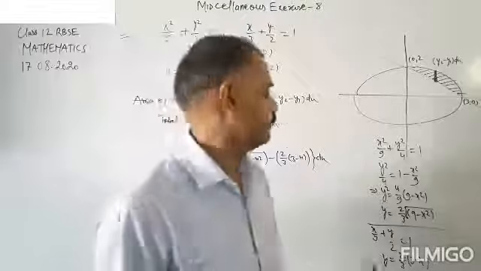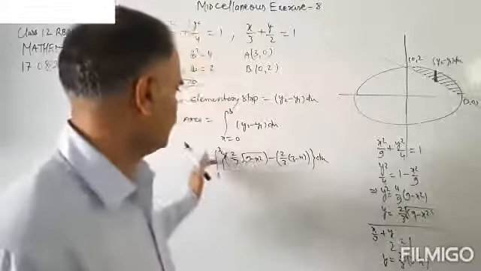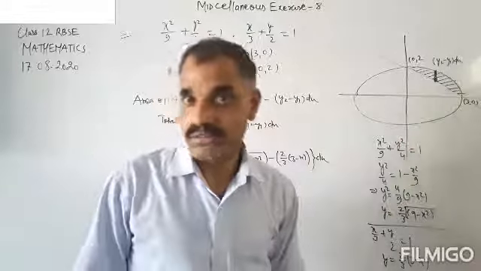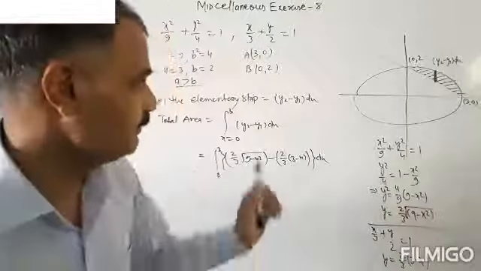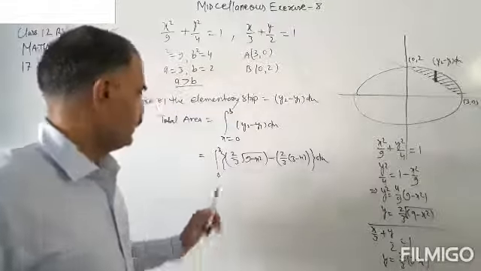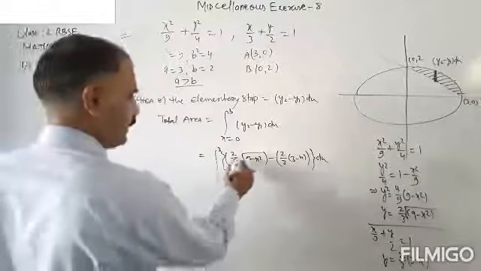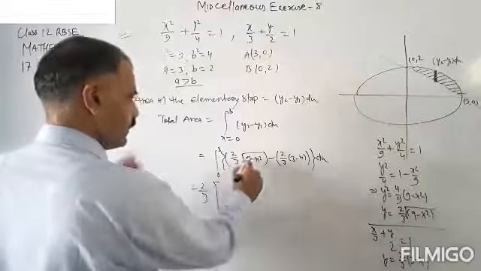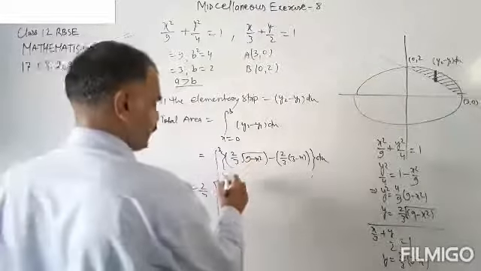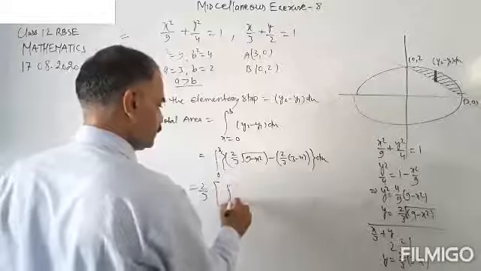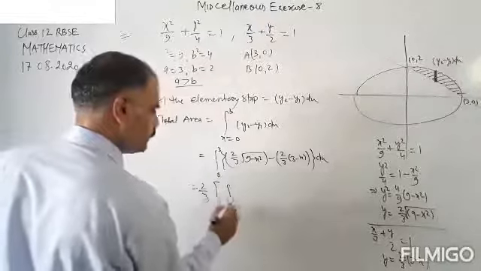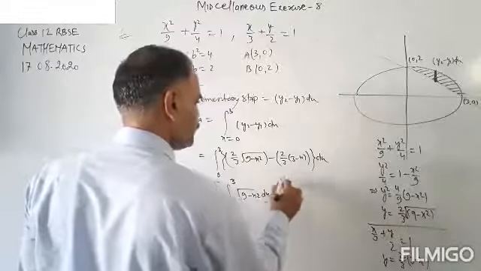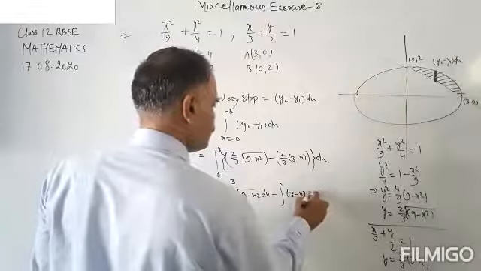Now we will solve only this, taking the upper limit and lower limit. So there is no need of this diagram; if you want, you can wipe it out. Integrating this, taking 2 by 3 common throughout: integration from 0 to 3 of under root 9 minus x square dx, minus integration from 0 to 3 of (3 minus x) dx.